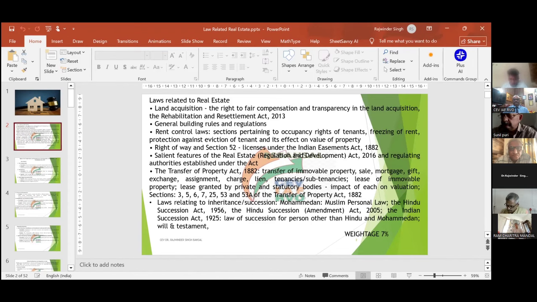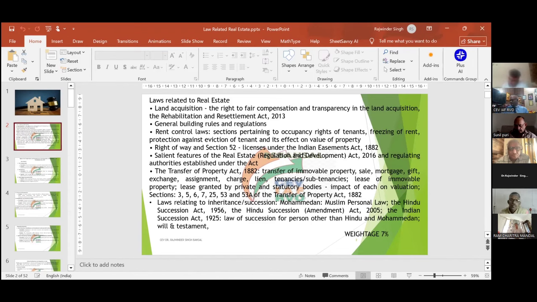And in the end, we have to study laws relating to inheritance and succession: Mohammedan Muslim Personal Law, Hindu Succession Act 1956, Hindu Succession Amendment Act 2005, the Indian Succession Act 1925, law of succession for persons other than Hindus and Mohammedans.